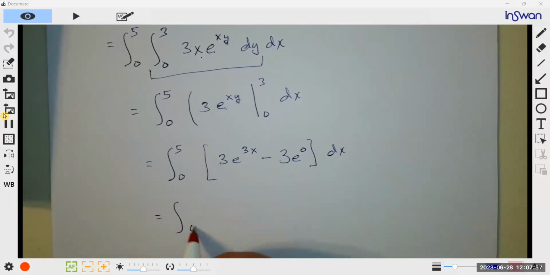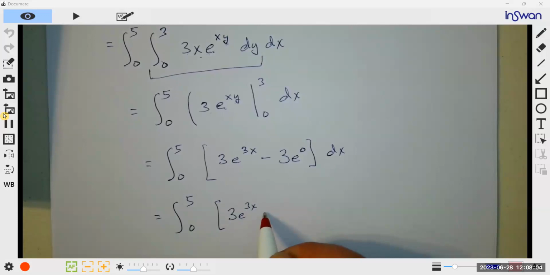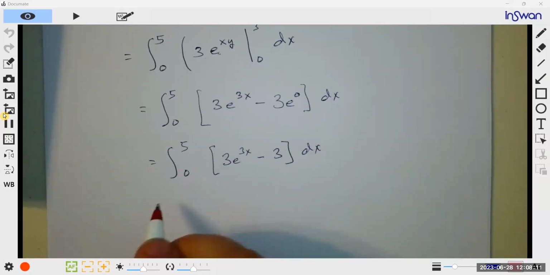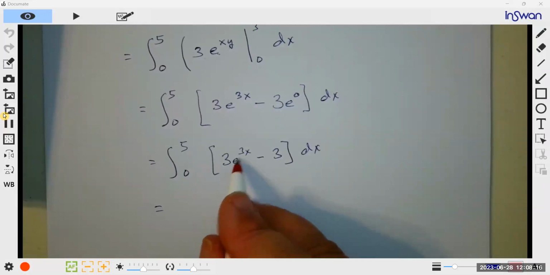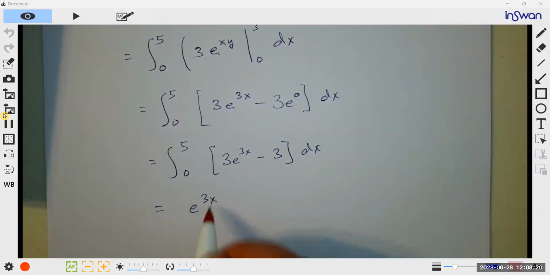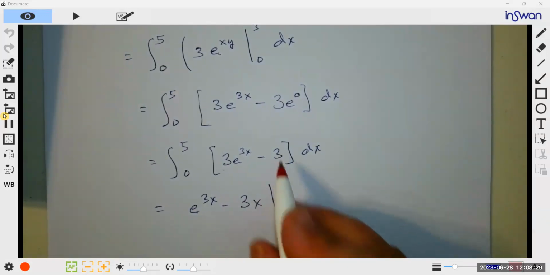Now we're going to integrate the second one. 3 e to the 3x minus 3, because e to the 0 is 1. If we integrate with respect to x, the derivative of this is 3x, which is perfect. So it's just e to the 3x, because the derivative of this gives me that, minus 3x, because the derivative of this has to equal that.